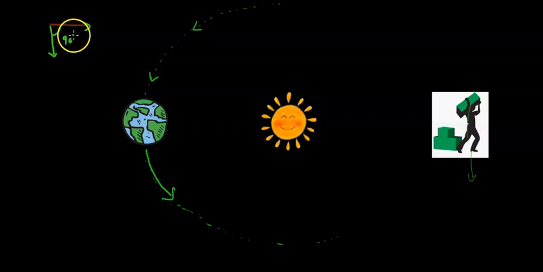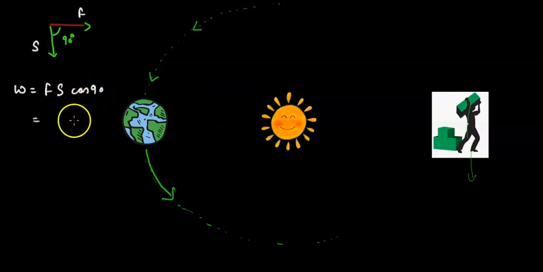When the force and displacement are perpendicular, then we can say work done is 0. Now put this into the expression of work, F S cos theta. We write 90 instead of theta. Now the value of cos 90, we know, is actually 0.